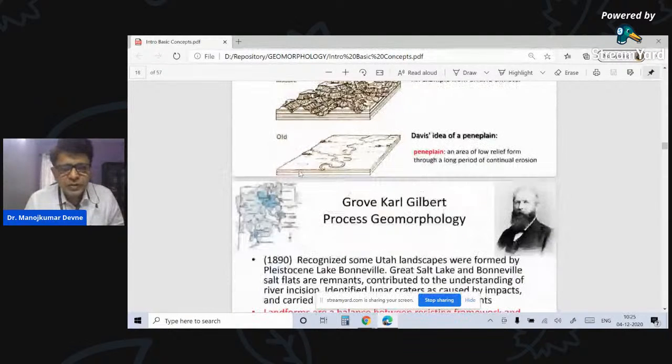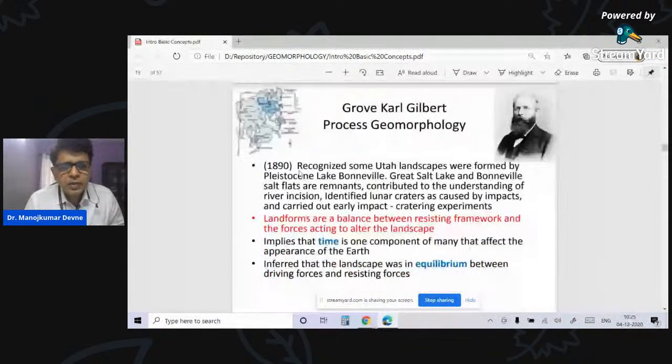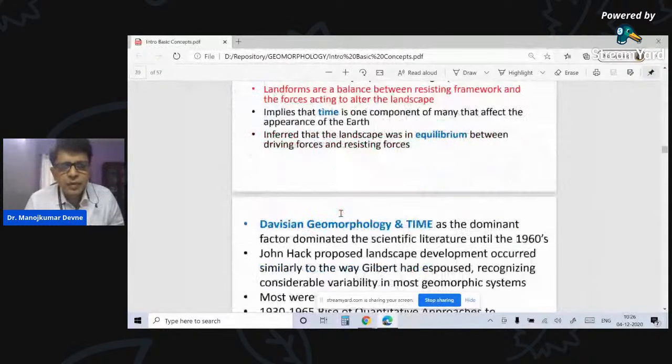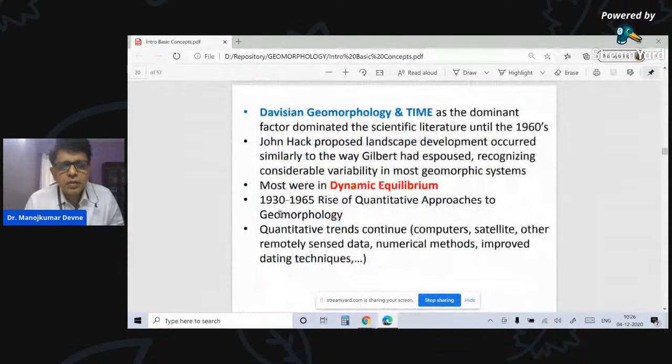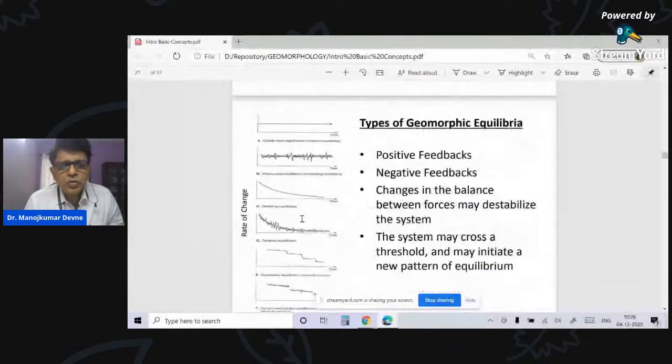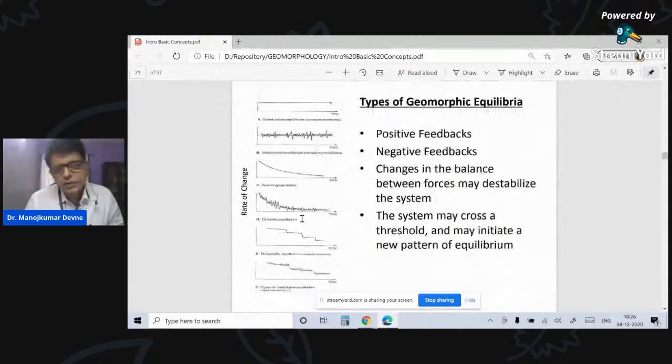This is Grove Karl Gilbert, another major name, who speaks about equilibrium. I'll not go into these because this is a bit in detail as far as equilibria, and positive and negative feedbacks are concerned.